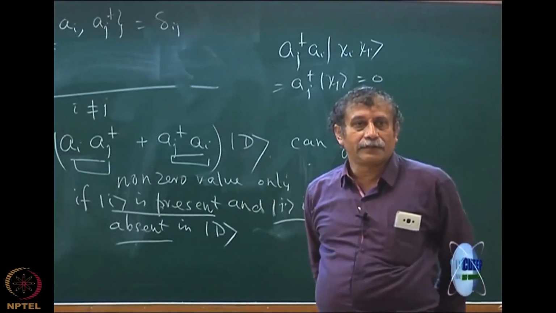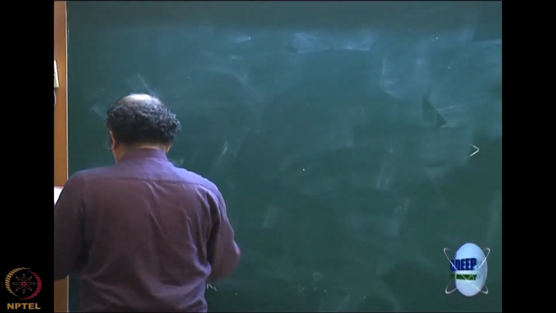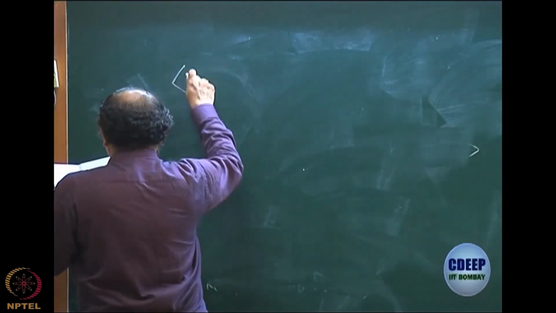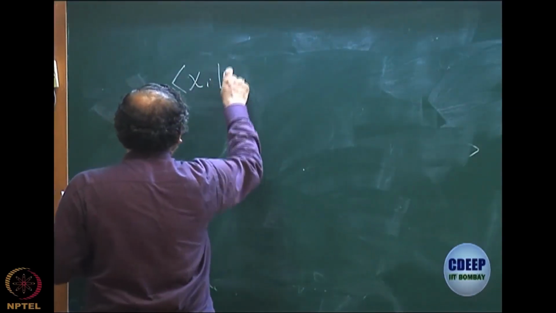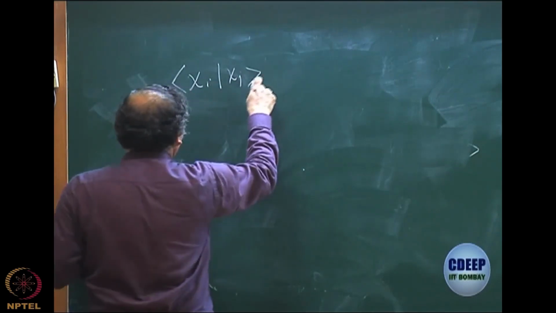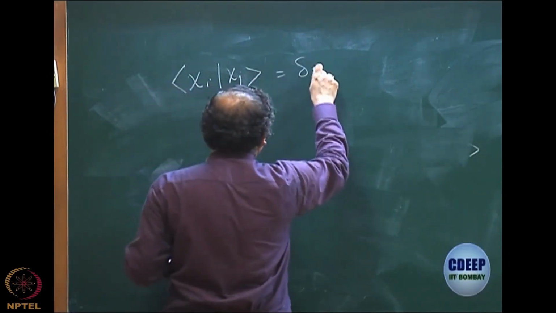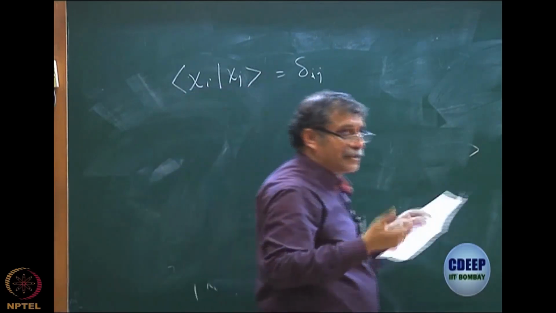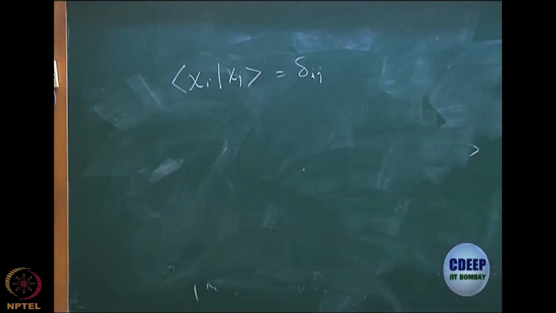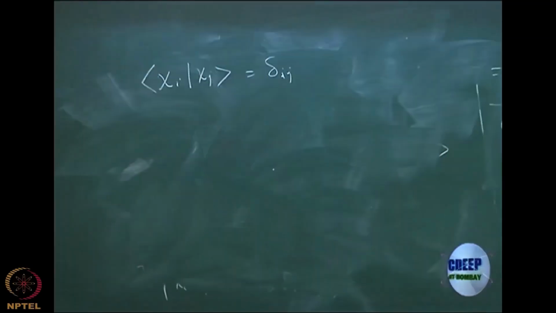Is it okay? Let me ask a question. Can you show that the overlap of two spin orbitals chi_i and chi_j equals delta_ij? Of course we know this, and it is the cornerstone of our anti-commutation relation. But can you show this now by second quantization? You understand the question?